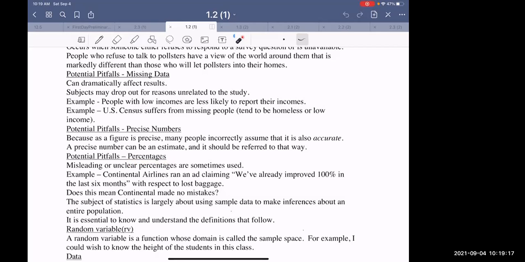Percentages. Percentages can be extremely misleading. I always notice that, especially in Wall Street, they're always only interested in percentages. But what this means is that if you're extremely successful, you have a very low percentage change. If you're a very large company, it's hard to get a 100% increase in your revenue.